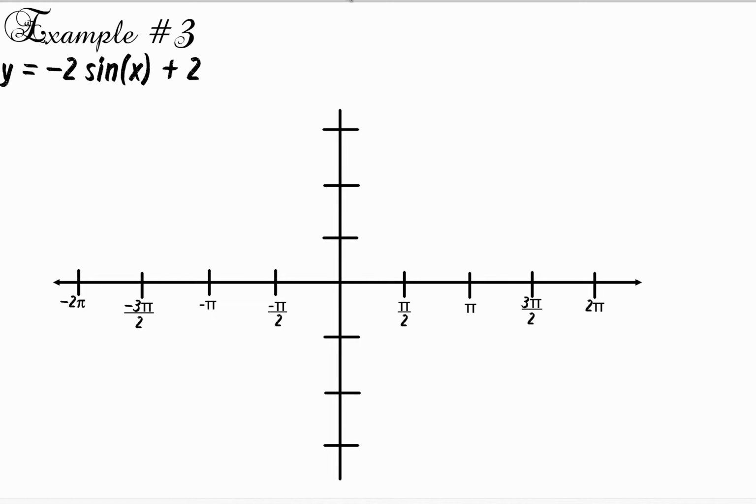All right, now this one. We've got actually a few things going on here. So once again, I'm going to take my time and I'm going to just graph a regular sine wave. A regular sine wave is a hill followed by a valley. Maximum height is 1, minimum height -1.